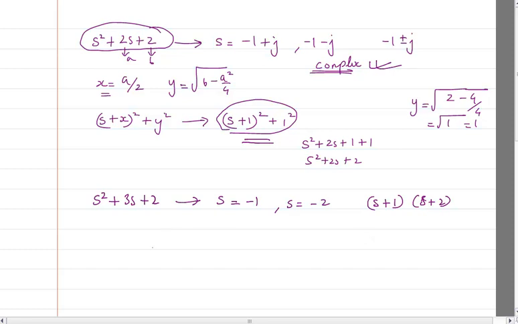Okay. Now instead of this, suppose I was having a totally different form, which looks like s square plus 2s plus 1. In this one, if you would try to find out, you will get s is equal to -1 and s is equal to again -1, which is s plus 1 into s plus 1, which is s plus 1 square.